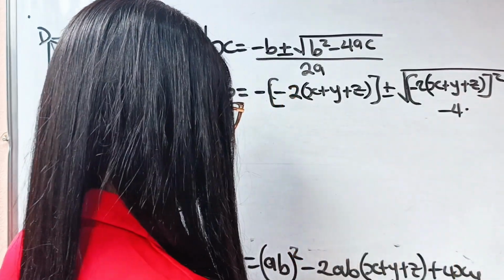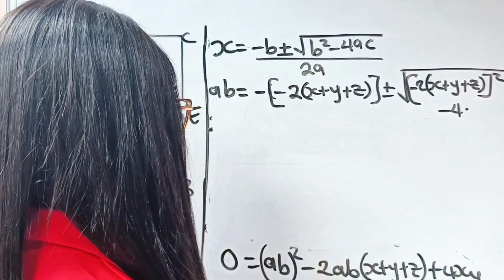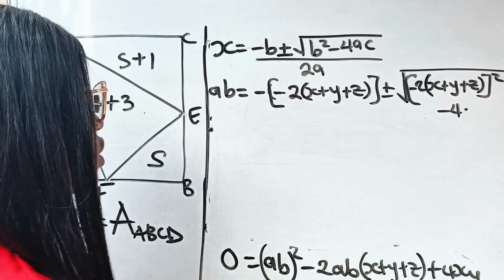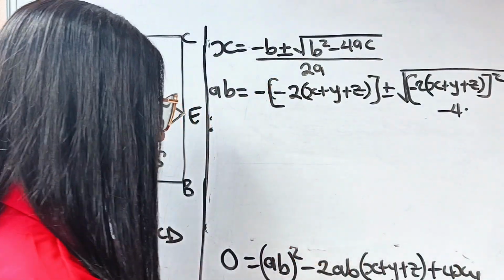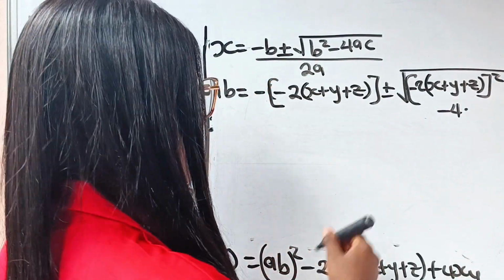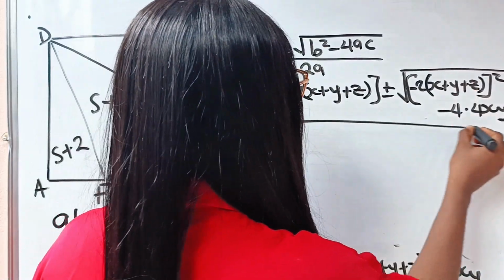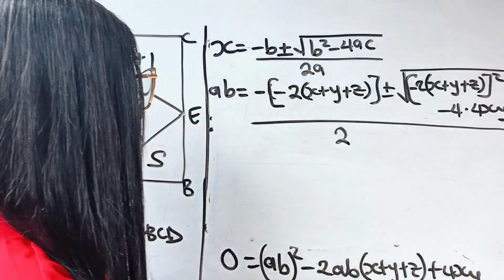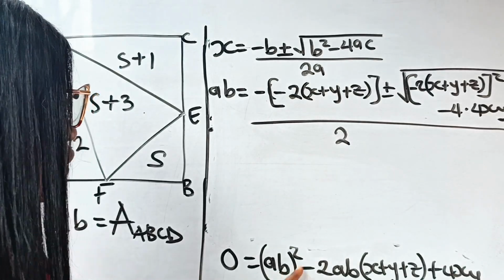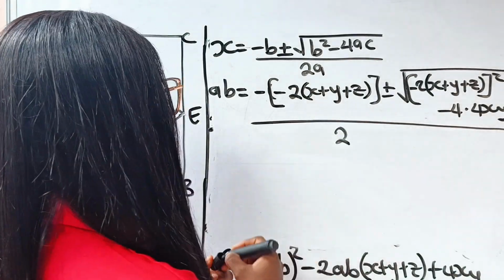Our a is the coefficient of ab squared, which is 1, and our c is our constant, which is 4xy. So multiply by 4xy, everything divided by 2 multiplied by a, which is 1.